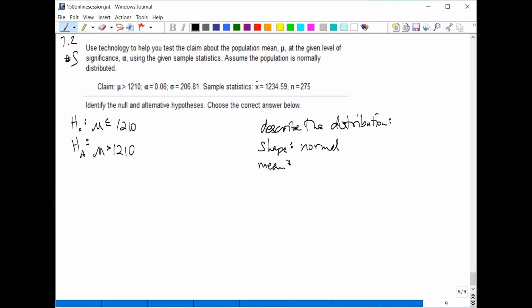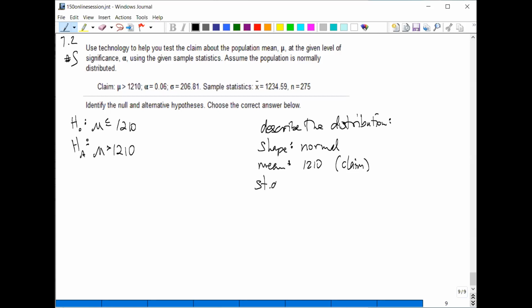And the mean, well, the claimed mean is 1210. So we don't know if that's the actual mean, but it's the claimed mean, so that's what we're going to use. Or I should say it's the claimed mean that we're going to compare our statistic with. That might be a better way to put it.